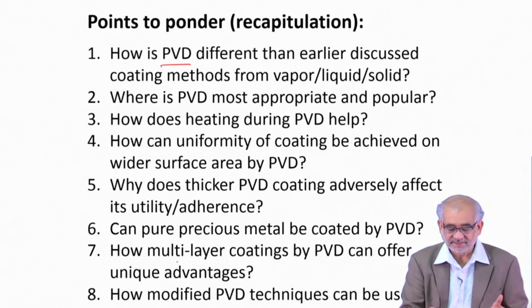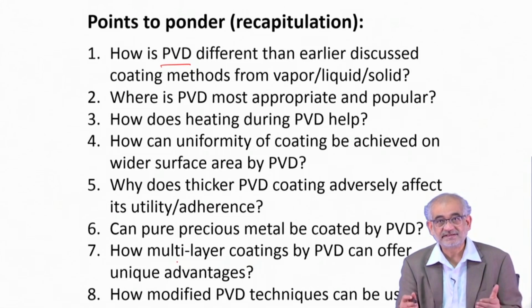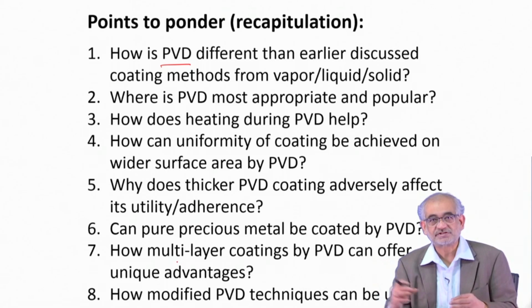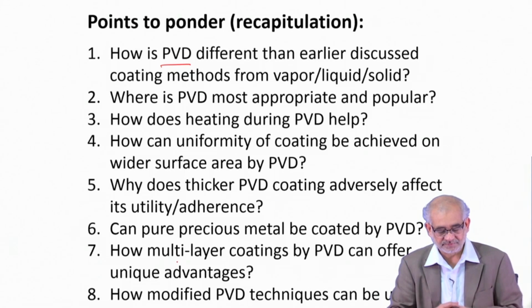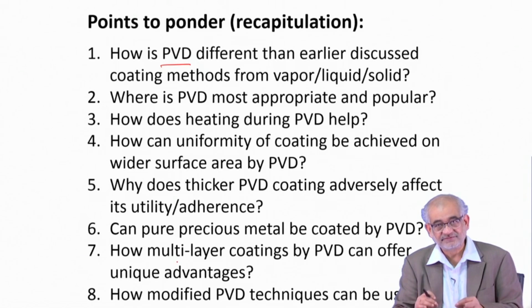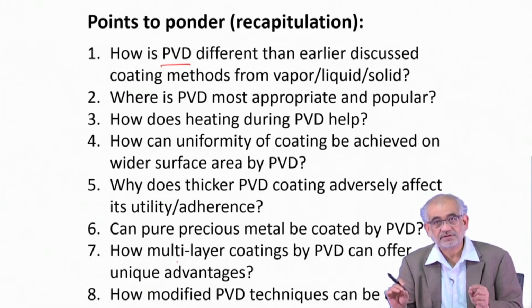We can make multi-layer coatings, as I was saying, that we can make A, B, C or A, B, or we can vary the thickness of A, B, C sequentially, all by controlling the process parameters of PVD. And we actually can make a modified PVD technique, whereby we introduce certain gases, allow them to react, and then form a thin film coating which is not pure tin, but tin oxide, or not zinc, but zinc oxide.